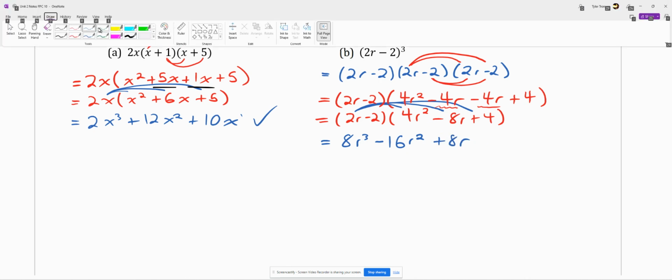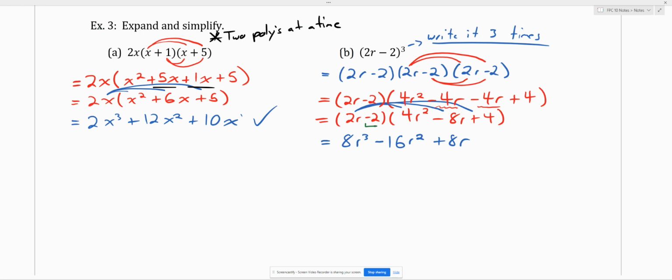Now let's multiply the second term through. I'm going to take the negative 2 here and multiply it with 4r squared. That's going to give me negative 8r squared. And negative 2 times negative 8r is going to give me positive 16r. And then negative 2 times my last number, positive 4, is going to give me negative 8.